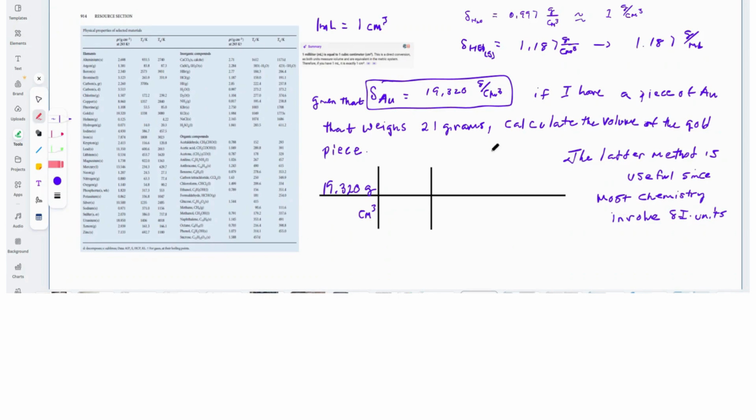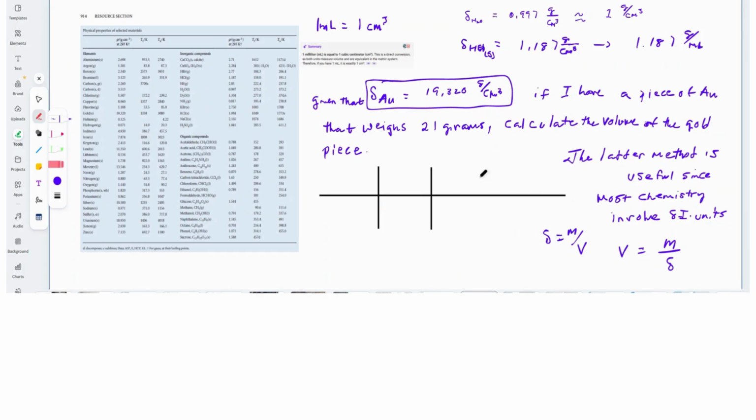Well, I like to write out over to the side that density is equal to mass over volume, right? So I think that volume equals mass over density, right? Right. So if we want the volume, I already started this wrong, right? It's okay to do that. You just got to erase it.